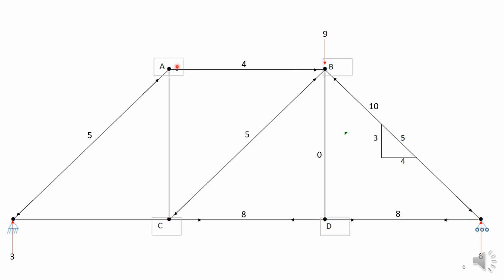Let's go to A. Let's look at the horizontal components here. You have a horizontal component of 4 here. AC is vertical. It will not contribute anything to the horizontal direction. So in this member, you need a compressive force of 5 units to balance the horizontal component of 4.